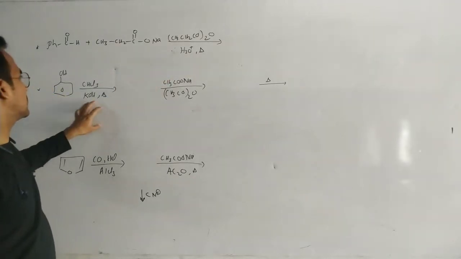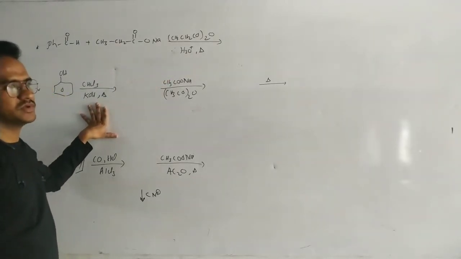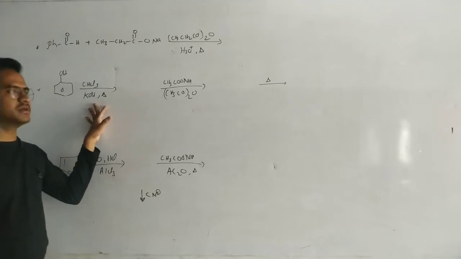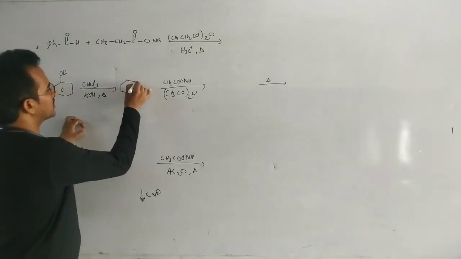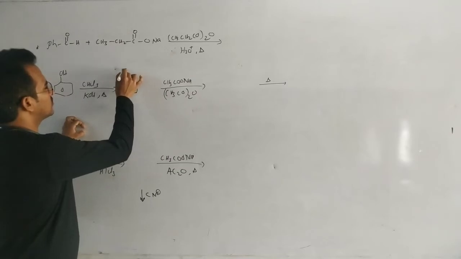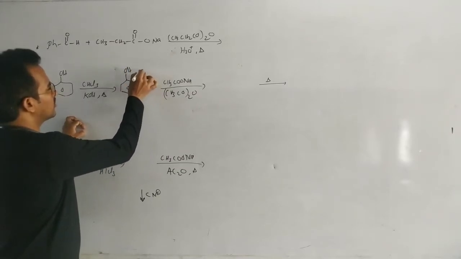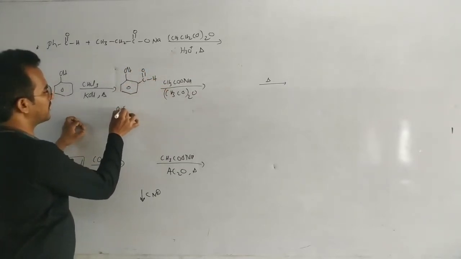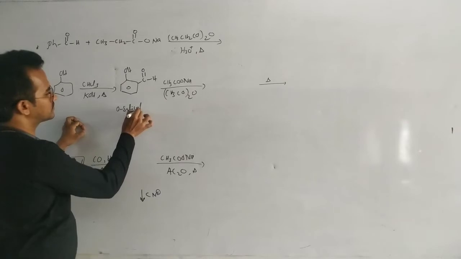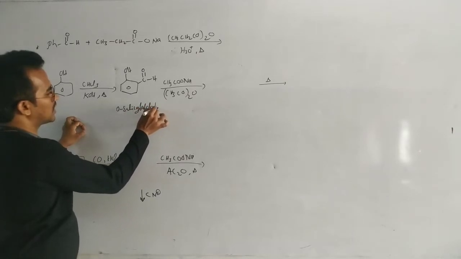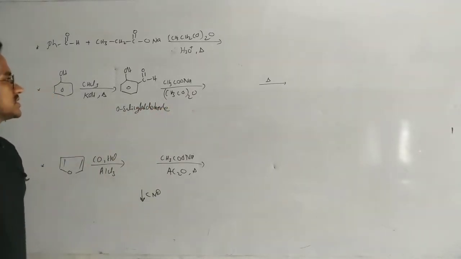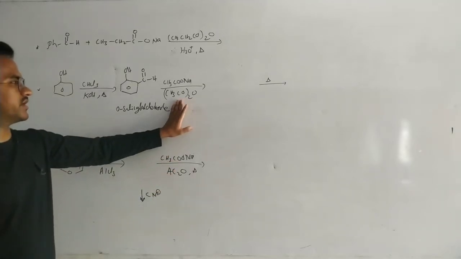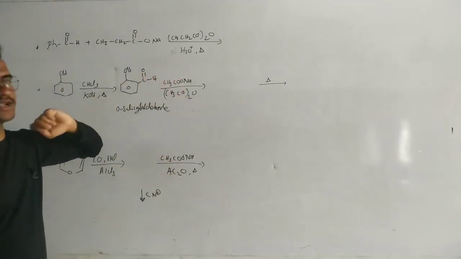And next here, phenol with CHCl3 and KOH. So generally, what is this reaction? The Reimer-Tiemann reaction. In the Reimer-Tiemann reaction, the major product is ortho-salicylaldehyde, that means OH and C=O with H. Now this sodium acetate and acetic anhydride is a Perkin condensation.